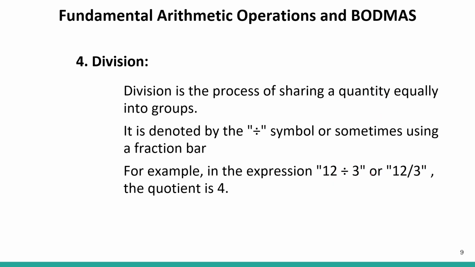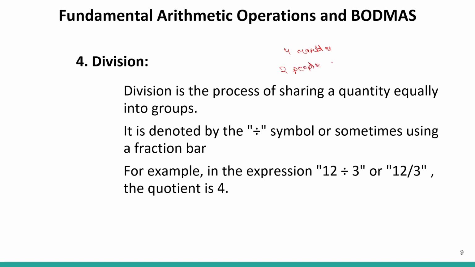So let's explore the fourth kind of arithmetic operation, that is division. Division is the process of sharing a quantity equally into groups. You are given some quantity. Let's say you have 4 marbles and you are trying to divide them between two people.